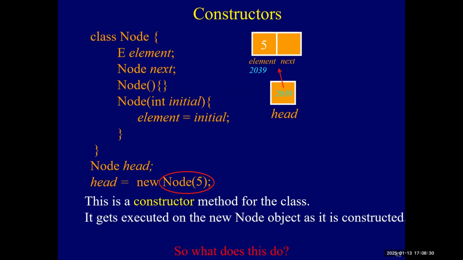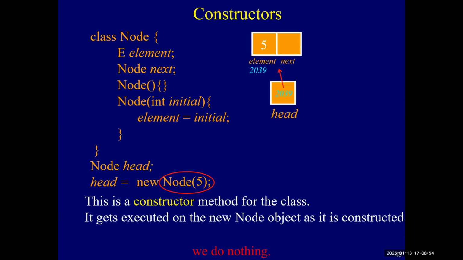So what does this do? This says I'm going to have more than one routine called node. How do we differentiate them? By what we pass them. This one, we're passing nothing. And what are we going to do when you call the routine that's passed nothing?